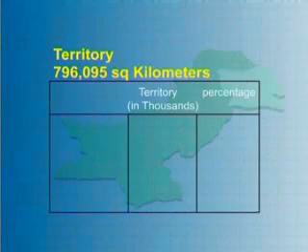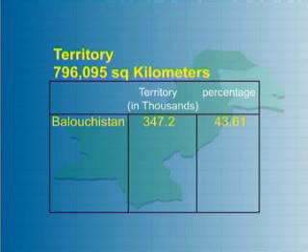If we look at the division of this territory province-wide, we find that the province of Balochistan has the largest territory. Balochistan has the territory of 347.2 thousand square kilometers, which makes up 43.61% of the total of Pakistan. So from the territory point of view, this is the largest province of Pakistan.